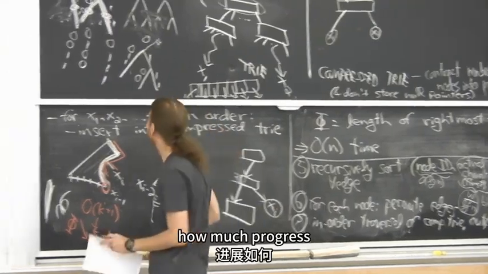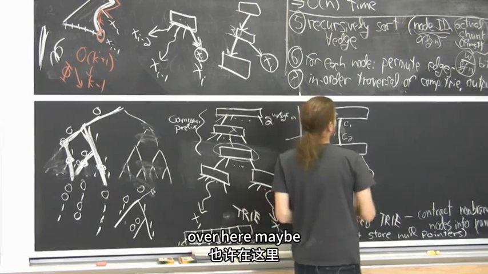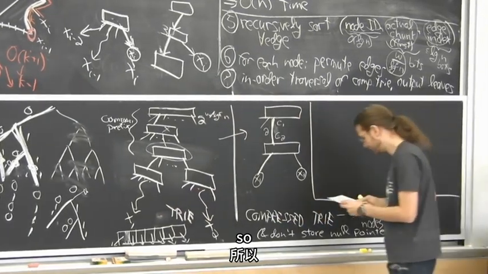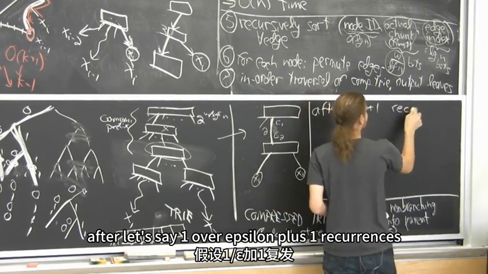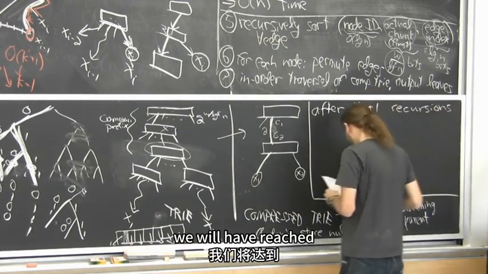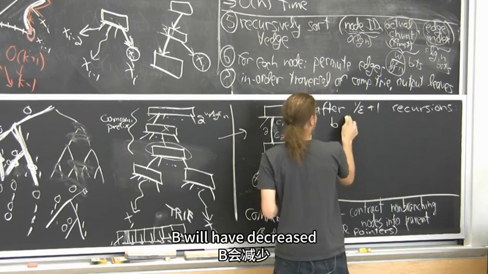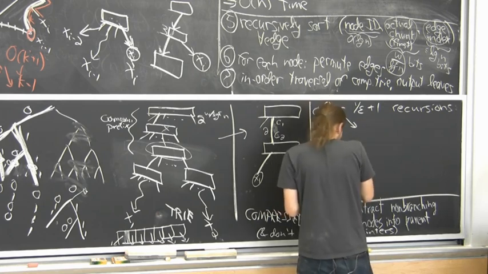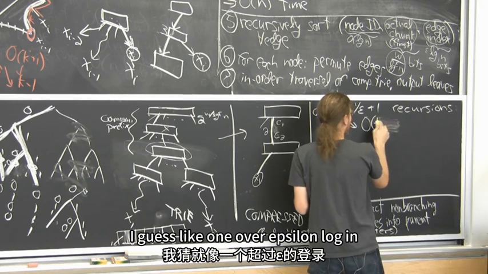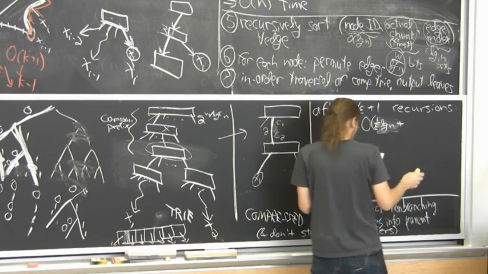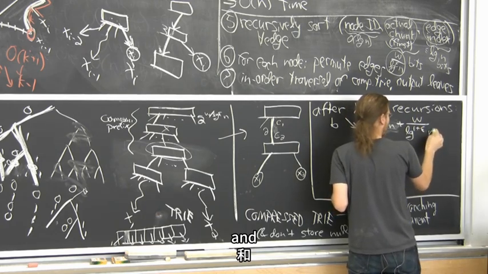Cool. How much progress? After, let's say, 1 over epsilon plus 1 recursions, we will have reached, B will have decreased, excuse me, to order log n, I guess like 1 over epsilon log n plus w over log to the 1 plus epsilon n.